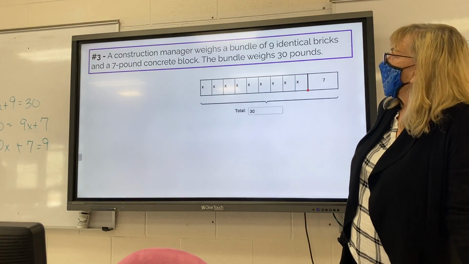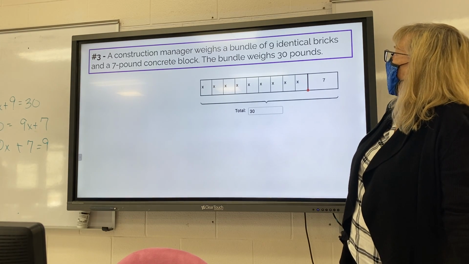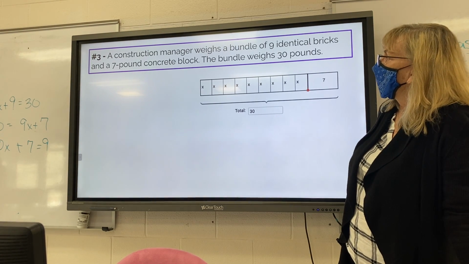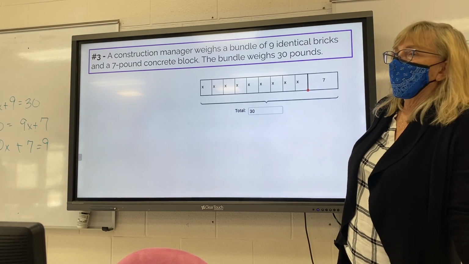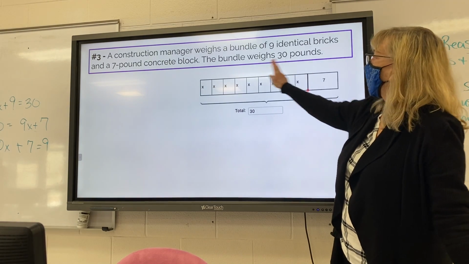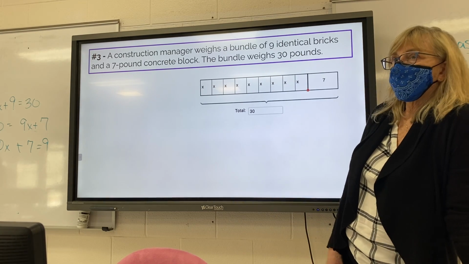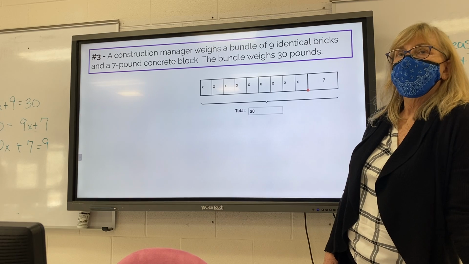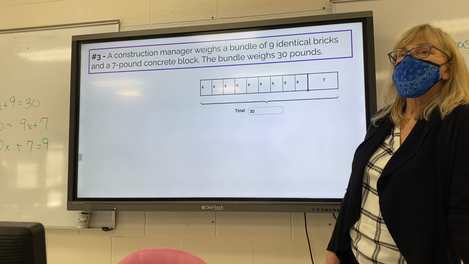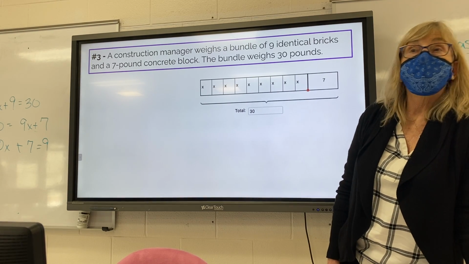A construction manager weighs a bundle of 9 identical bricks and a 7-pound concrete block. The bundle weighs 30 pounds. All right, so why does this represent that? What is X standing for in this case? Is it the 7-pound concrete block?